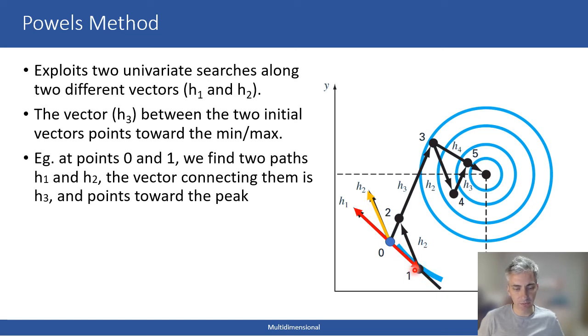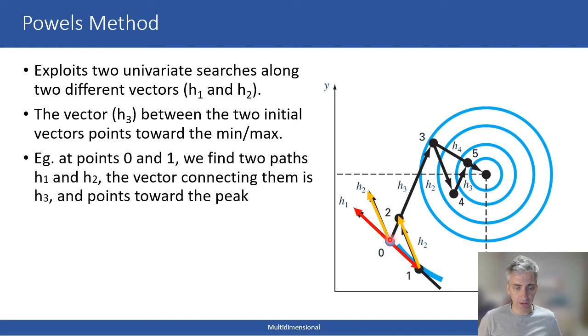This becomes our next point, and we've labeled it position 1 here. At position 1, we choose the second vector, h2, and we scan in the direction of h2 and do a one-dimensional search. And then we get a new position.